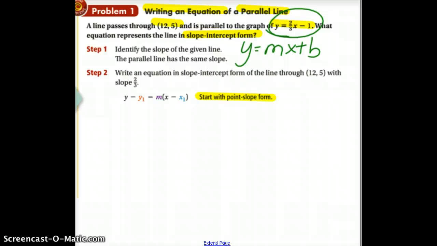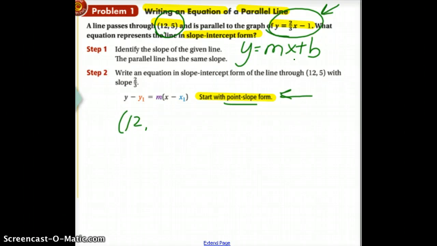We want to write an equation for a different line that's parallel to this one and passes through this point. Well, it's actually pretty easy. Always start with point slope form. Even though we want to get to slope-intercept form, point slope allows us to write an equation only knowing one point. So here we go.